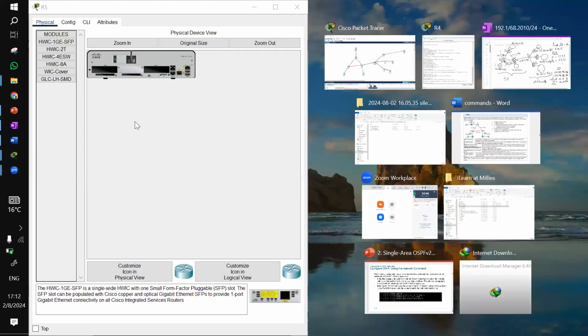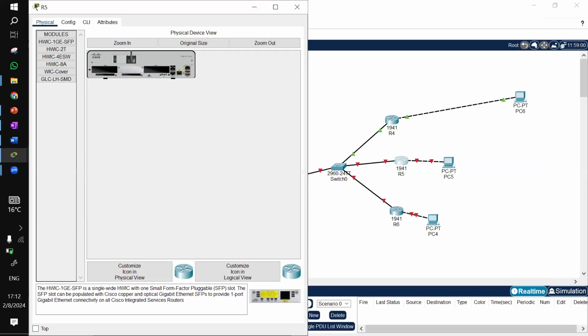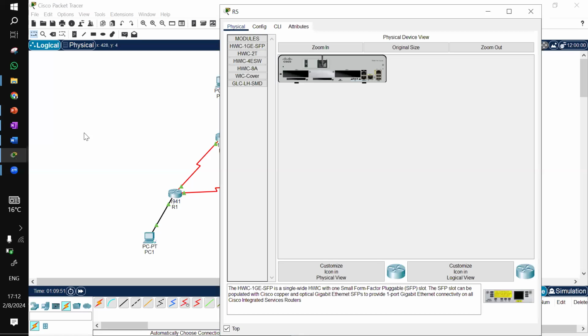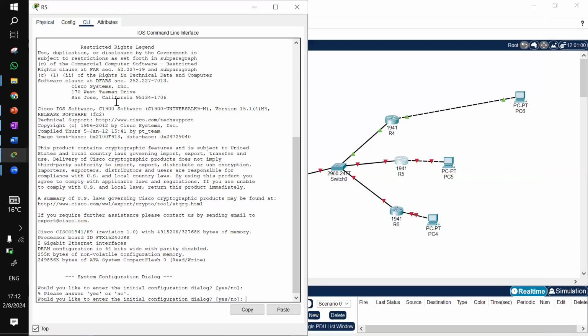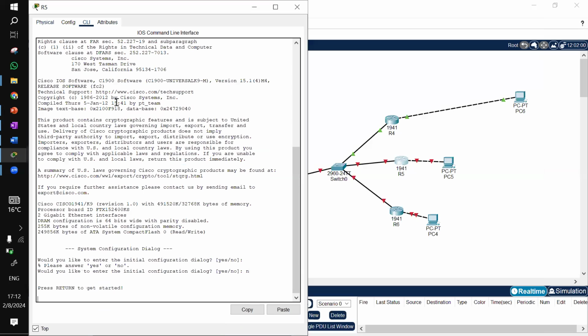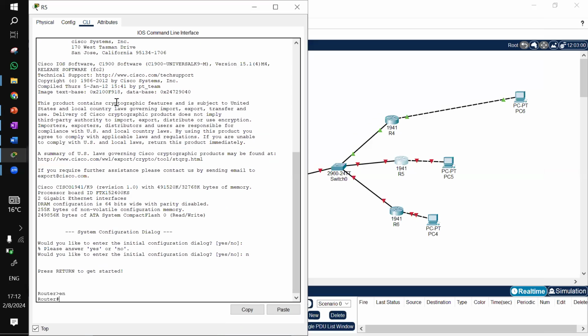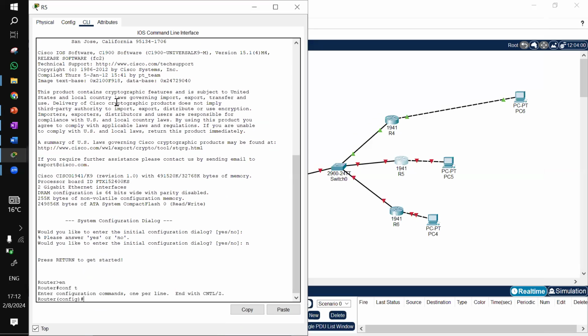Go to router number 5. Keep it on top. Enable. Device, I'm sure it's gig 0/0. There's 0/1 as well. So this is 0/0. Yes, this is 0/1.